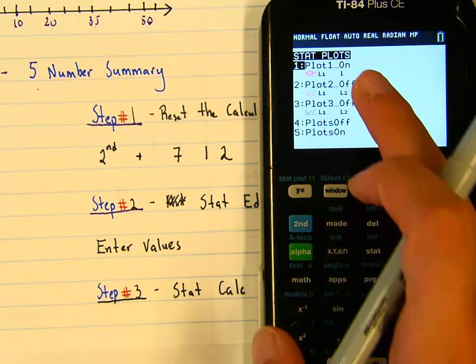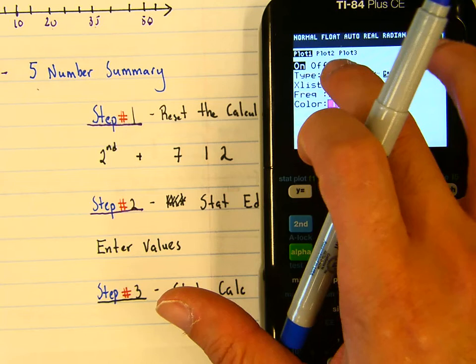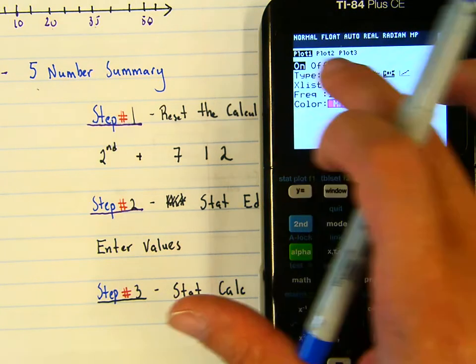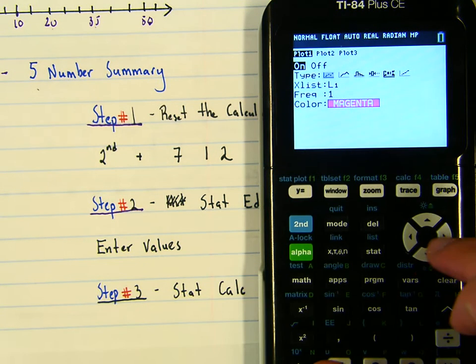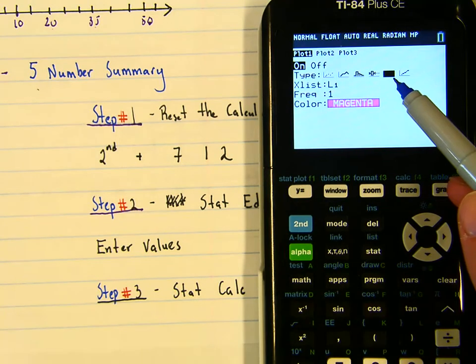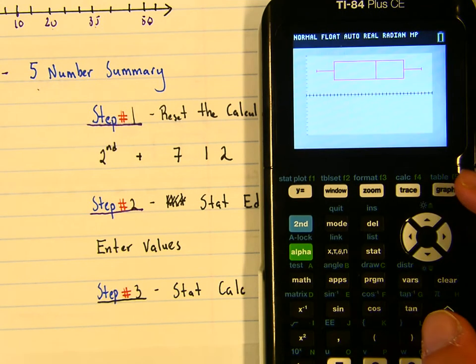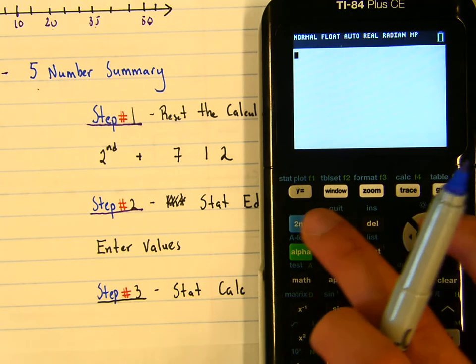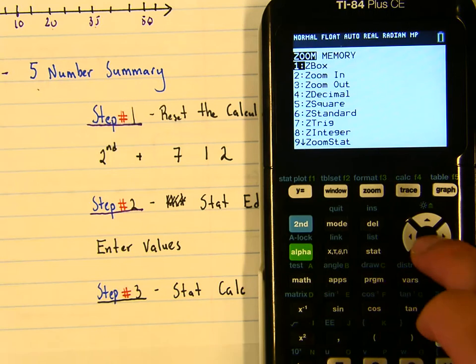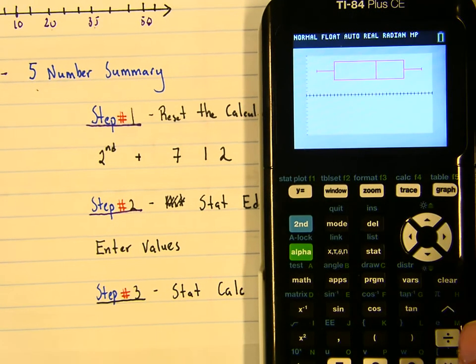Okay, I go to the stats plot, I hit enter. And I notice that was off, I put it on. I could change the color, but then I also go to this diagram here. This diagram here is a box plot. I go to that diagram, I hit enter, and then notice if you hit graph, if you hit zoom, and then you go to number 9 of zoom stat, it shows you the box plot, okay?